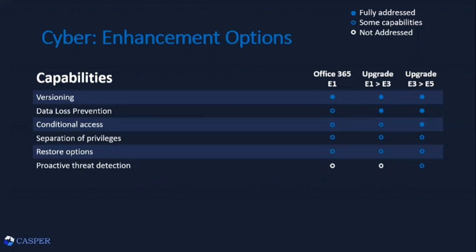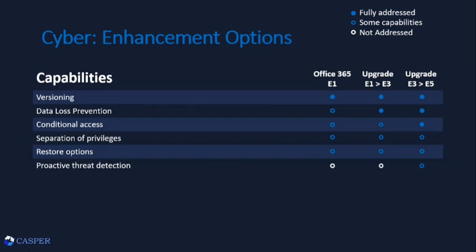So for those of us that might be familiar with how Office 365 licensing works, if you're looking at it from a basic level, there are like 3 tiers that everybody should be used to. So you have your E1 licenses, then your E3, and then E5. From a cybersecurity perspective, you would expect that at least for an E1 license, users should be able to have old versions of their files in the original location.